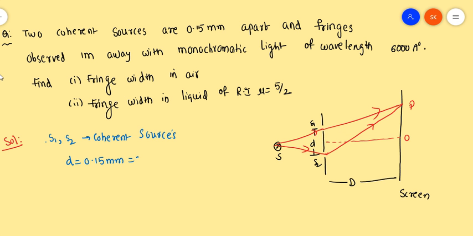Convert into meters, it is 0.15 times 10 to the power of minus 3 meters. Next, fringes are observed with monochromatic light. The wavelength they give is 6000 angstroms, that is 6000 times 10 to the power of minus 10 meters.